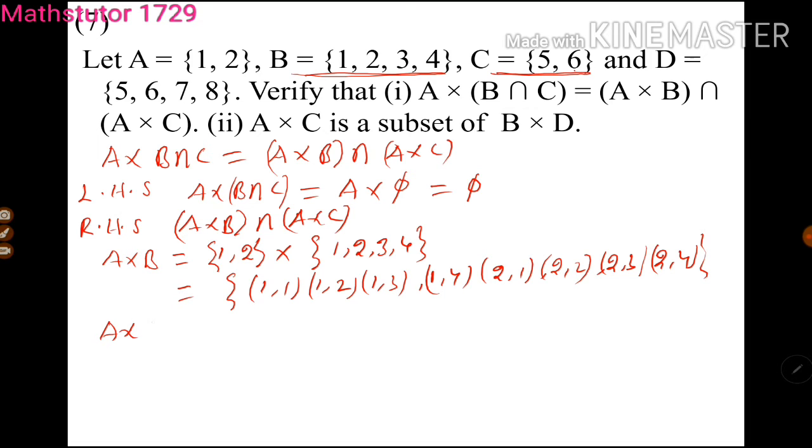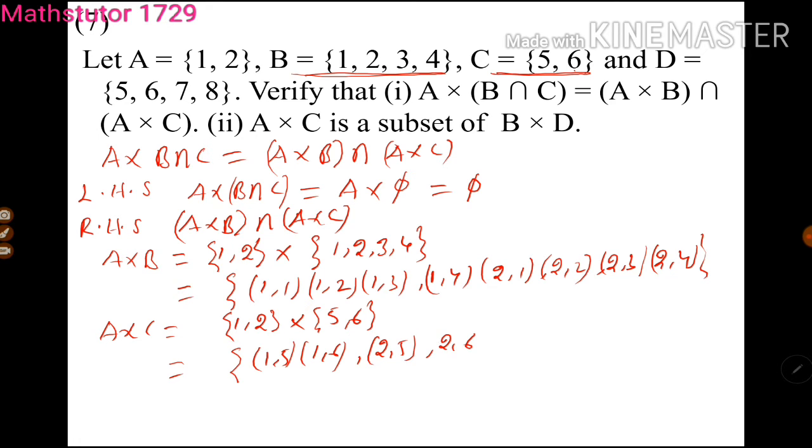find the A cross C. A is 1, 2, C is the set 5, 6. Make the ordered pairs like this: (1,5), (1,6), (2,5), (2,6). Notice that A cross B and A cross C have no common ordered pairs.